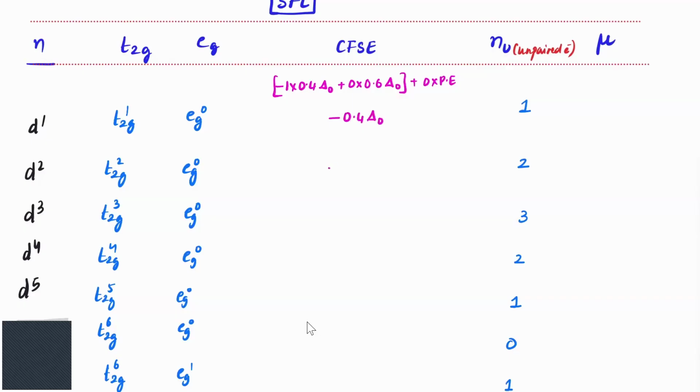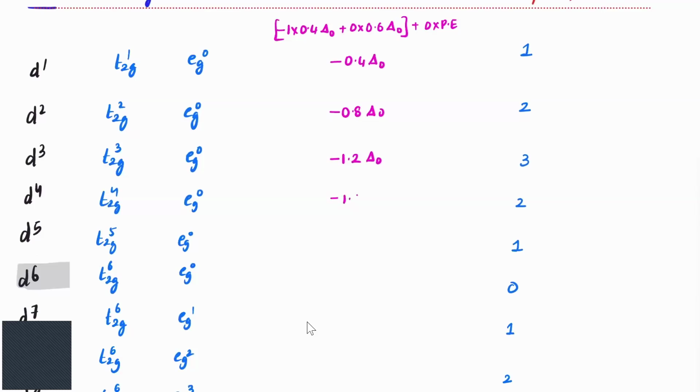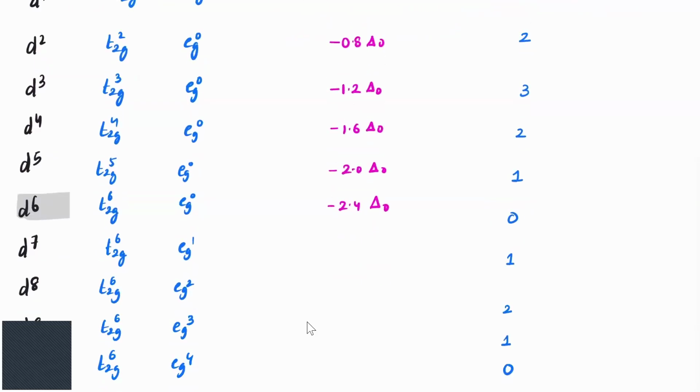Like that, if you do for the next one, it is minus 0.8 delta naught. Next one, 3 unpaired electrons, so minus 1.2. Then we'll have minus 1.6 delta naught, minus 2.0 delta naught, minus 2.4 delta naught. Then all 6 electrons have been done. Now when it comes to 7th electron, now it will be minus 2.4 delta naught plus 0.6 delta naught.